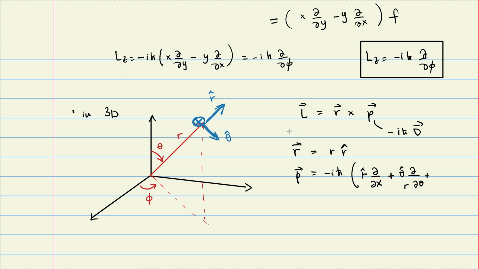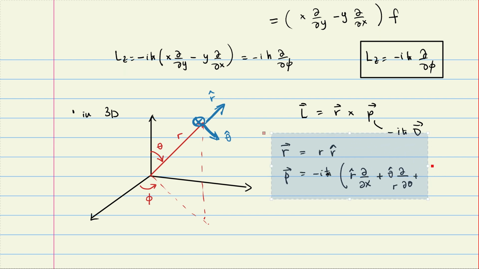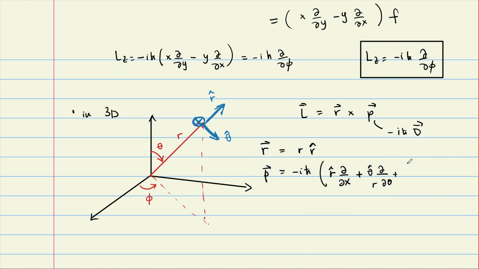And plus phi hat 1 over, okay, there's a great circle here and a meridian here. For the meridian, the change has to be r θ, so the partial derivative comes with ∂ r dθ, and similarly here, r sine theta ∂φ. Okay, so this is my operator.